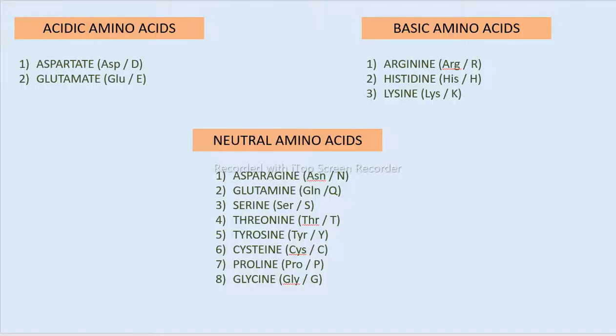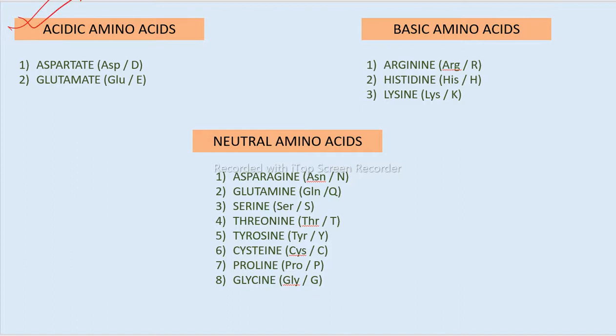So let's talk about polar amino acids. There are three types, as I mentioned before: acidic amino acids, basic amino acids, and neutral amino acids. You have to remember the names of the amino acids under each category because there are lots of questions coming from this part. In the case of acidic amino acids, there are two names, aspartate and glutamate.